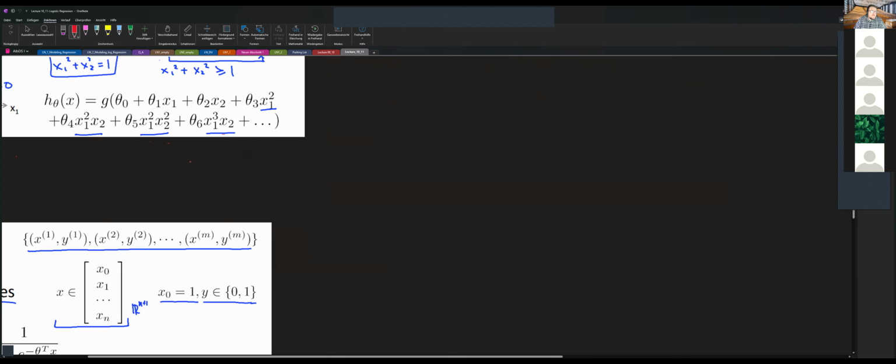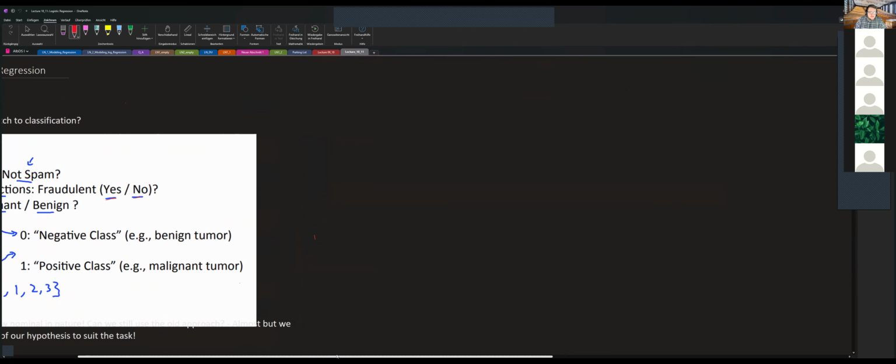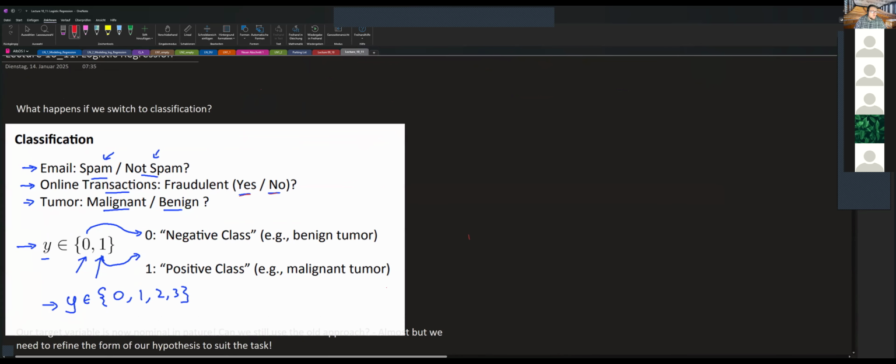So what happens if we have a classification in our hands? What we did so far was for regression tasks, like the Portland, Oregon data. Now, what if we do a classification? With a classification task, we know it's about having a model that gives us discrete choices back, for example, email spam or not spam, online transaction fraud or non-fraud.